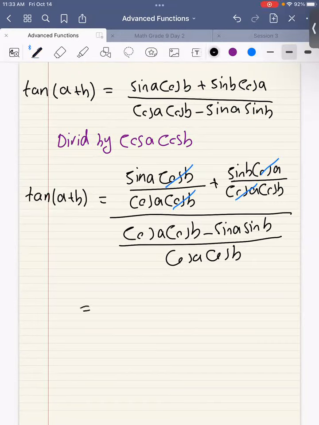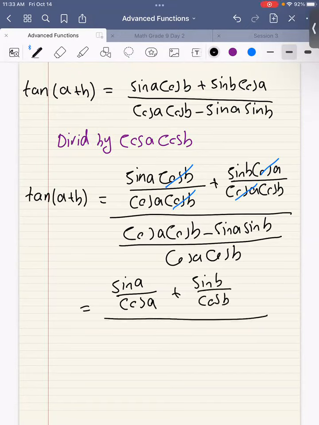This is equal to sine A over cos A plus sine B over cos B, divided by, now cos A cos B over cosine A cosine B is just 1, so 1 minus sine A sine B over cosine A cosine B, right?